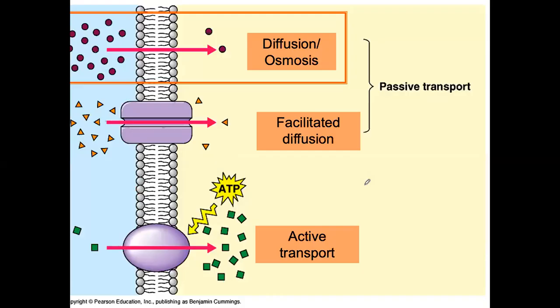Let's go over membrane transport, right? So diffusion is movement of a molecule from where it's highly concentrated, right, to where it's least concentrated. Osmosis is movement of water down its concentration gradient as well, or movement to the side where there's more particles, right?